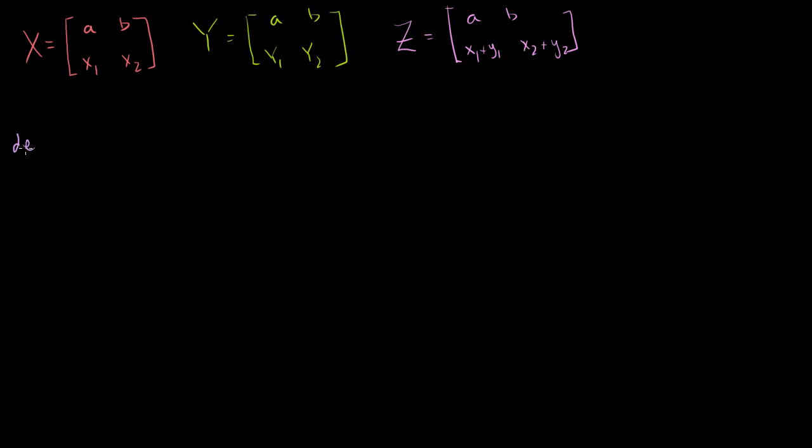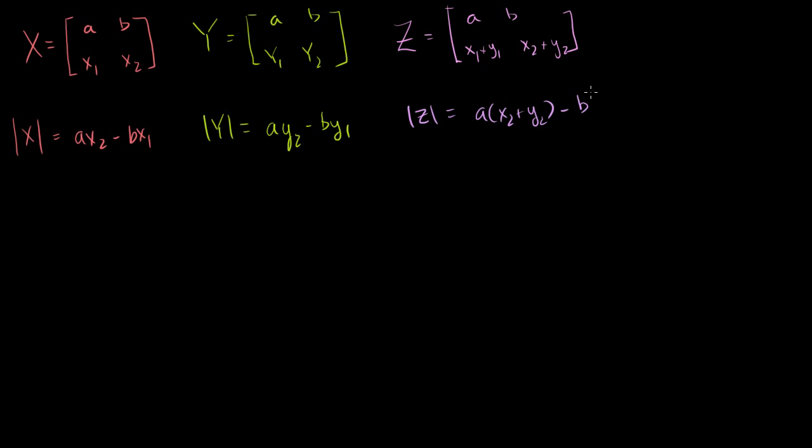So the determinant, let me do it in x's color. The determinant of x is equal to a x2 minus b x1. Seen that multiple times. The determinant of y is equal to a y2 minus b y1. And the determinant of z is equal to a times x2 plus y2 minus b times x1 plus y1, which is equal to a x2 plus a y2, just distributed the a, minus b x1 minus b y1.